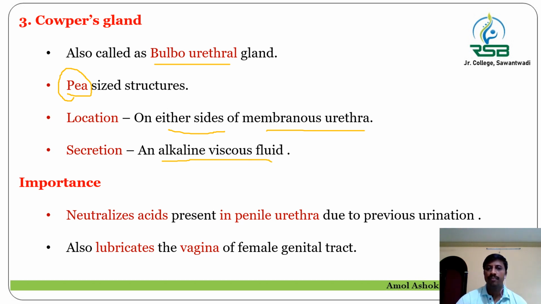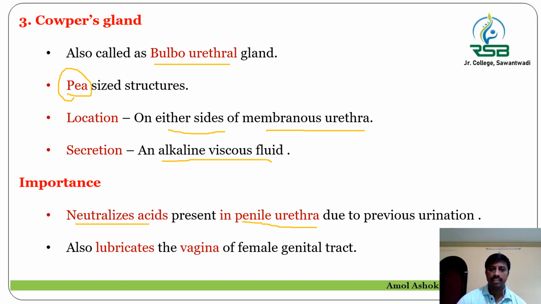The nature of the fluid is alkaline, and the importance of the Cowper's gland secretion is that it neutralizes the acids present in the penile urethra due to the previous urination.